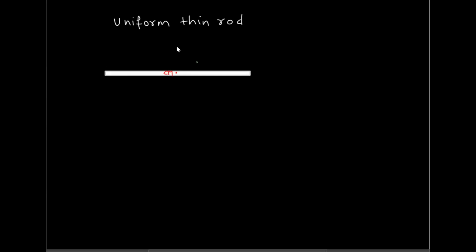My axis is perpendicular to the rod, so that's the axis, and I'm rotating it like this. Now the mass of the rod is capital M, and the length is L.